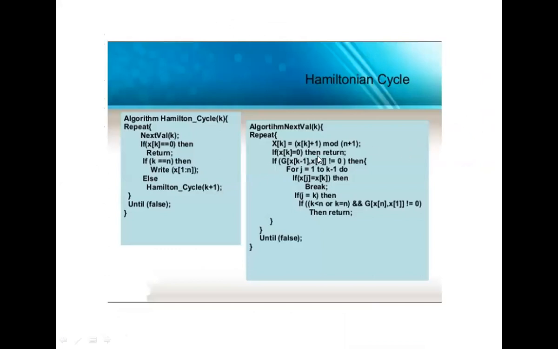So see here, if x equals 0 then return, which means there is no path or no adjacent vertex is useful. Okay, then return. Otherwise, if you consider there is a path.